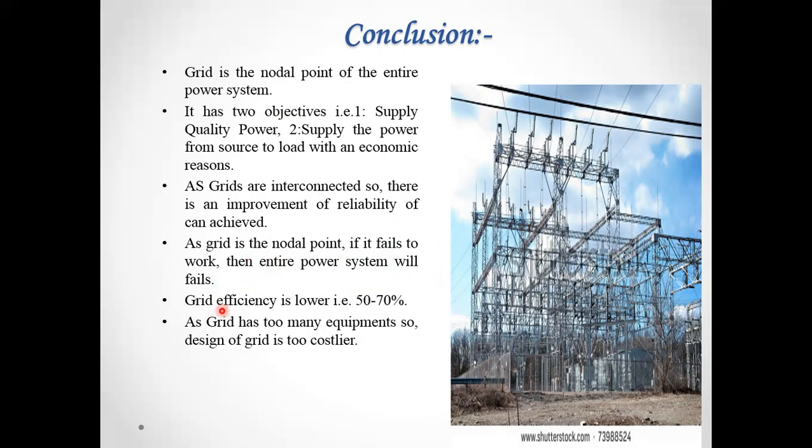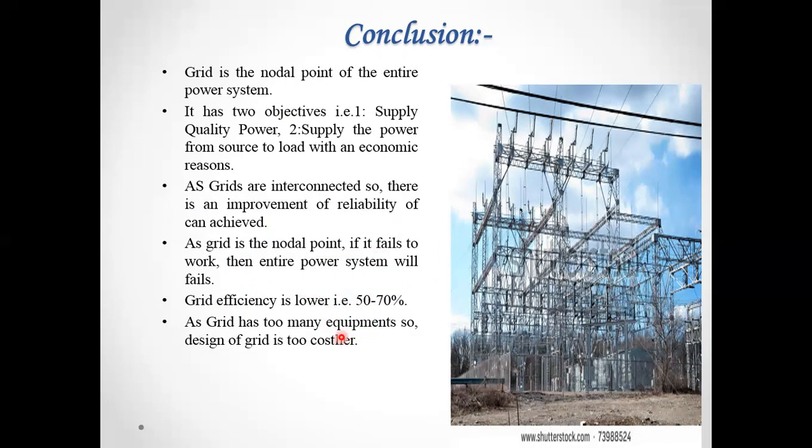The last thing is the grid efficiency. Grid efficiency is lower, that is 50 to 70%, because the grid has too many equipments, so the efficiency will be lower.